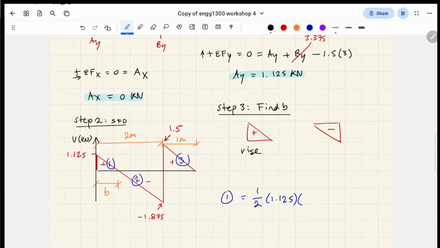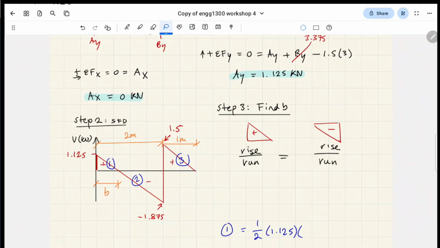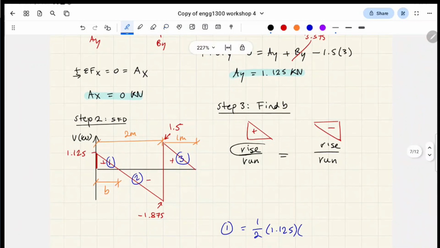Basically, we know that the slopes of these 2 triangles are the same. It's like the same slope going down that way. So all we do is plug in the rise, which is our vertical rise, over the run, which is the distance x that it covers.